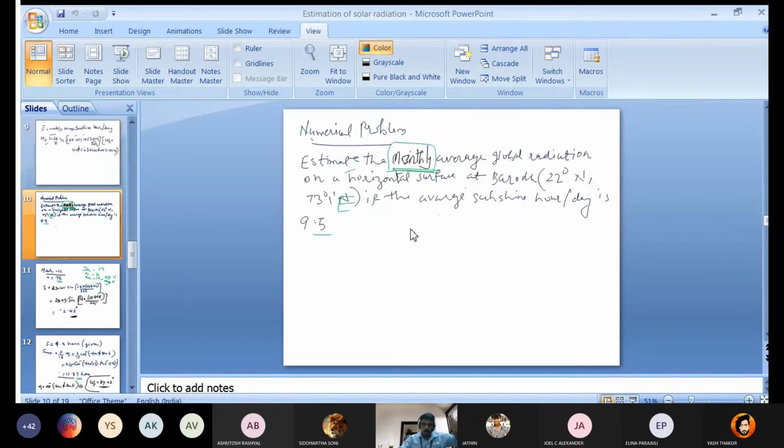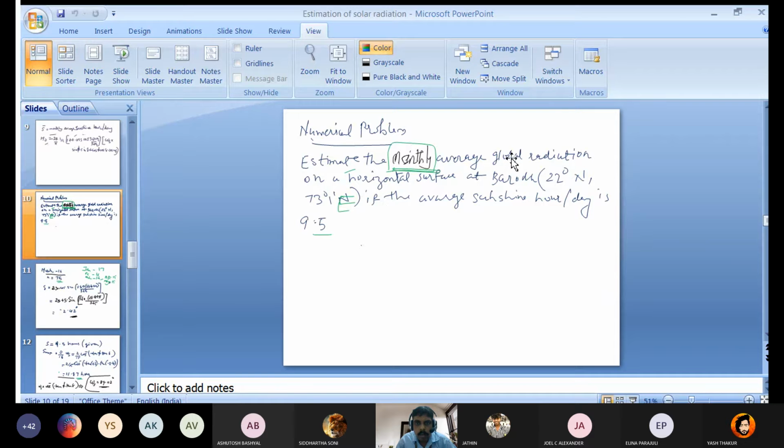You can take this numerical problem. Estimate the monthly average global radiation on a horizontal surface at Baroda. Baroda is near Gujarat, in India. The latitude and longitude are given: 22 degree north, 73 degree 1 minute east.